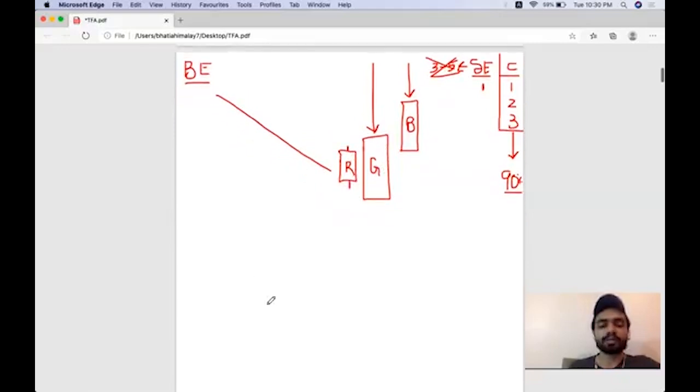So what I mean to say is, if there is a picture like this, there's a red candle in a downtrend with shadows, followed by a green candle whose body completely engulfs not only the red body, but also the shadows, then this picture is stronger than something like this.